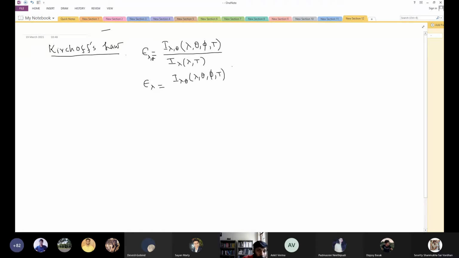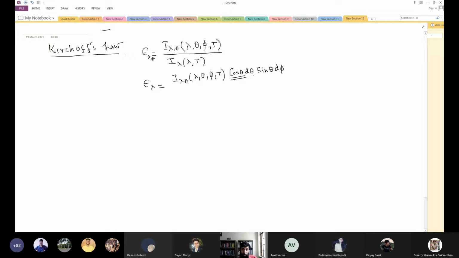So before you integrate, you have to multiply with cos theta sin theta d theta d phi. This cos theta comes because of the projected area, and sin theta comes because of the solid angle to azimuthal angle transformation. So that is where this factor comes from.